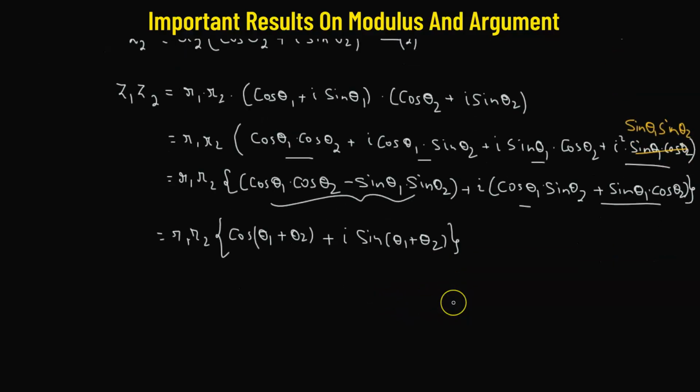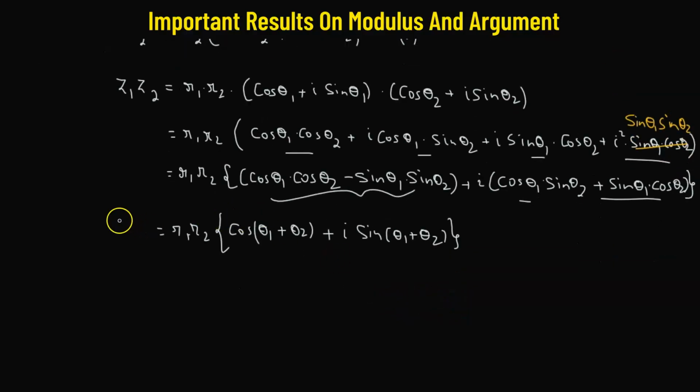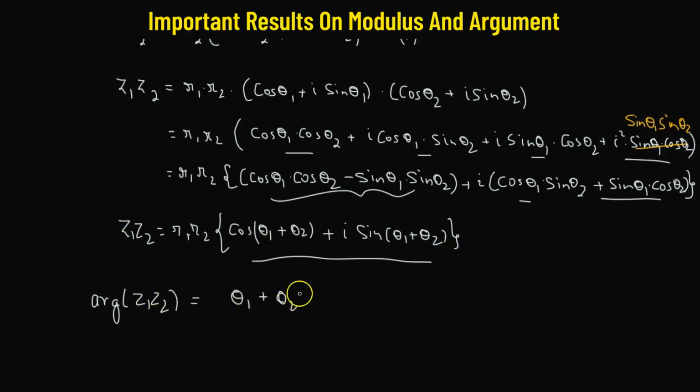Fine. So that means we have obtained our product of the two complex numbers z1 and z2, that equals r1 times r2, and this particular form. Now if we take the argument of our product of z1 and z2, this is actually given by theta 1 plus theta 2, because that will be the argument. And what is theta 1?